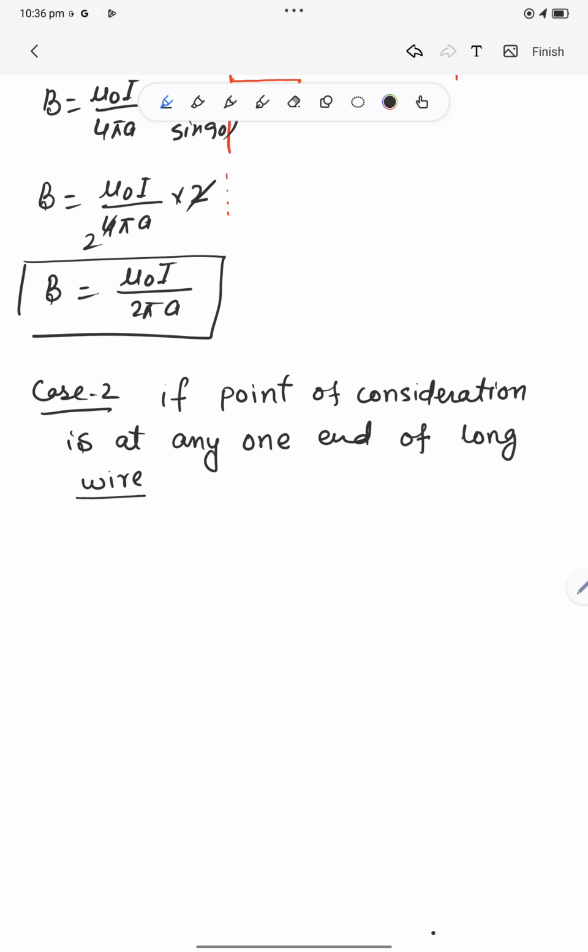That is, this is a long wire and we want to calculate the magnetic field at this point or at this point, any end of the wire.